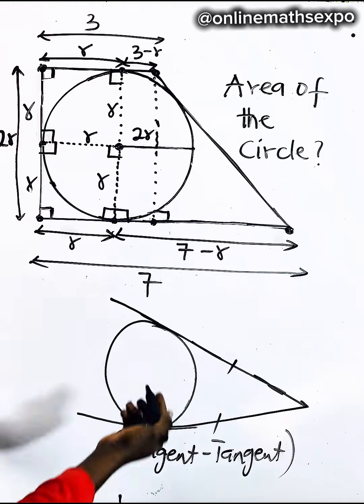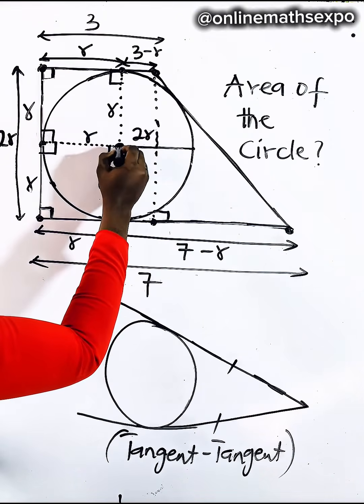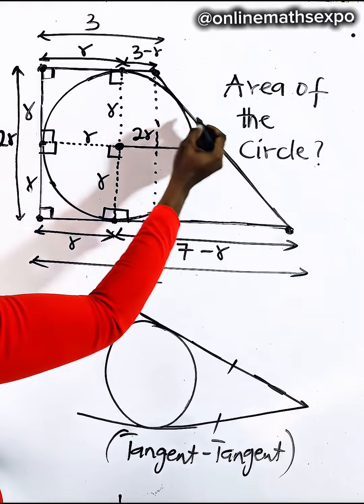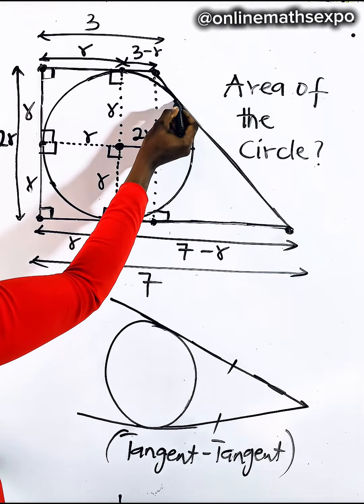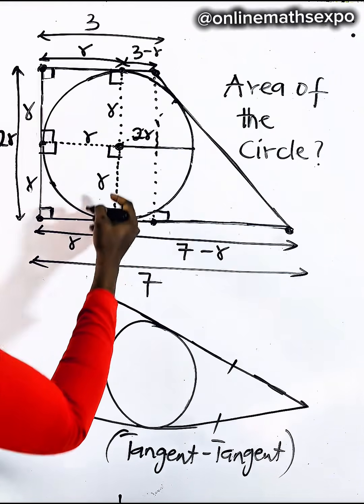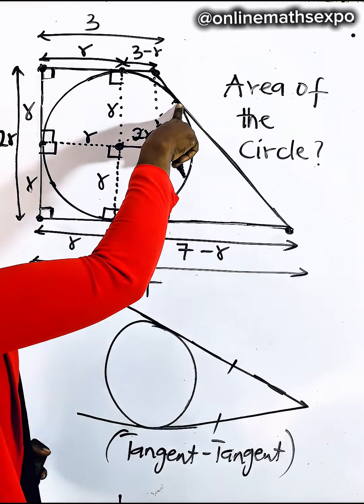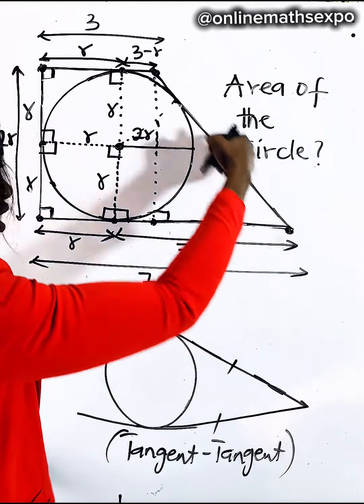Let's go back. You see that from here, you see this circle, this is the radius. You see that this line touches the circumference at this point. And because it touches it at this point, you see that from here to here gives you the radius also. So this line is at tangent at this point. So this line becomes the tangent.